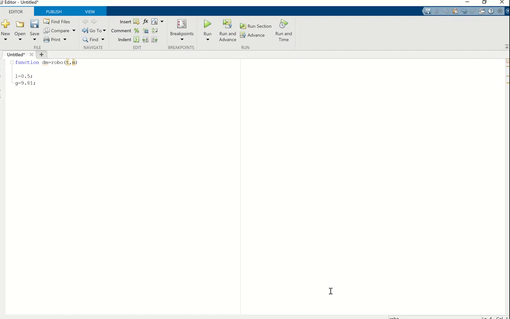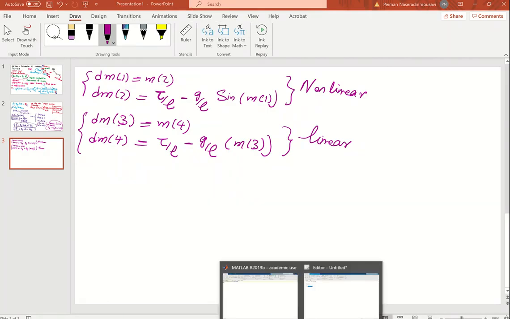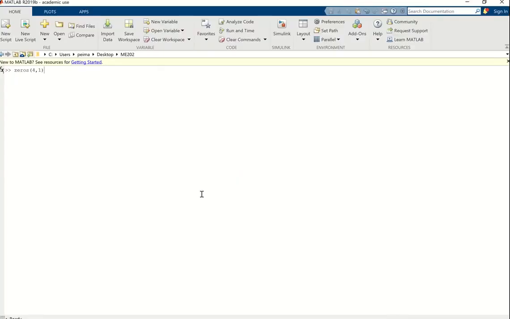And now dm, I'm making the state space for that zeros, 4 by 1. As if you passed the ME202 Matlab course with me, it makes the 4 zeros.